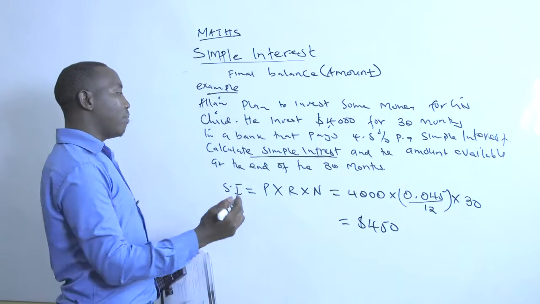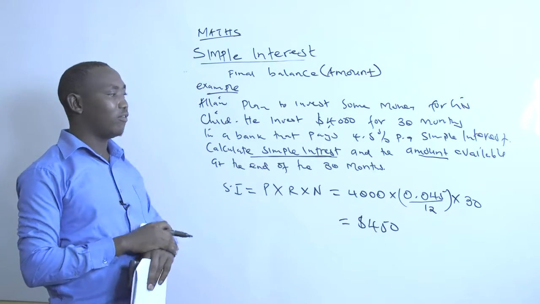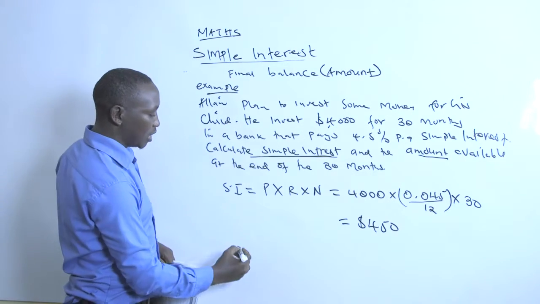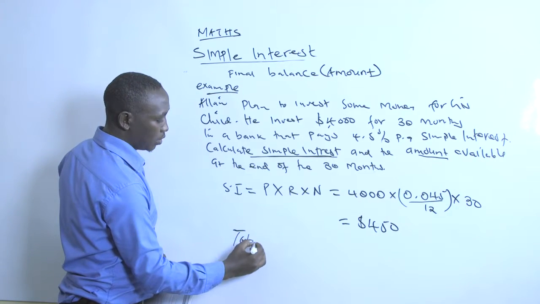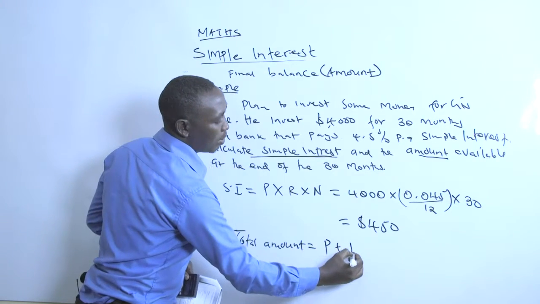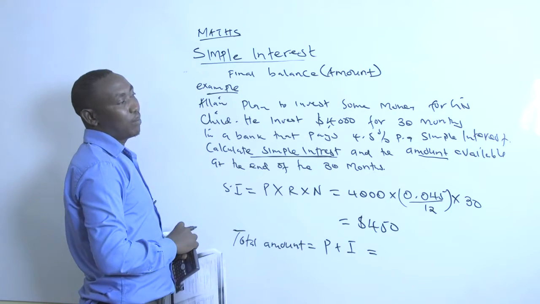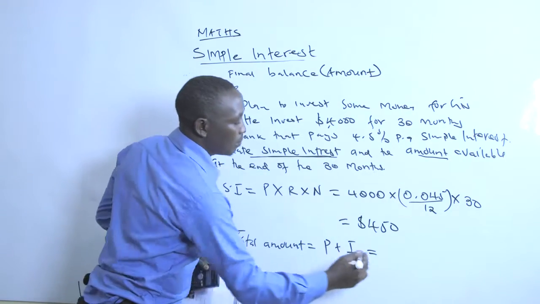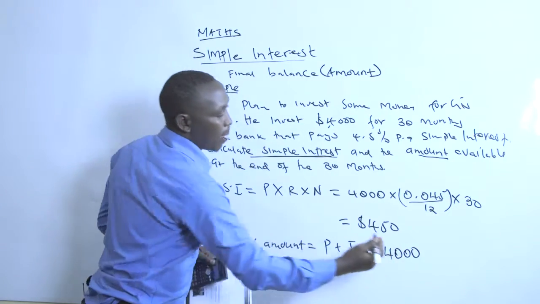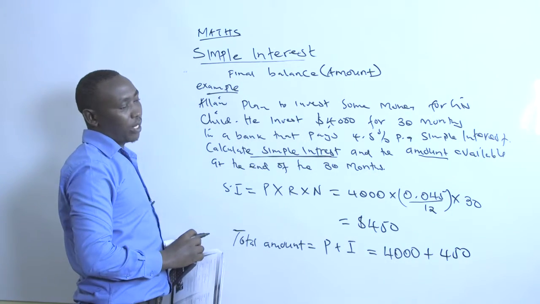But another part of the question wants us to calculate the amount at the end of the 30 months that will be available for the child of Alan. In that particular case, total amount will be given by the principal plus the interest accrued, and our interest accrued over the 30 months will be $4,000 plus $450 which has accrued.